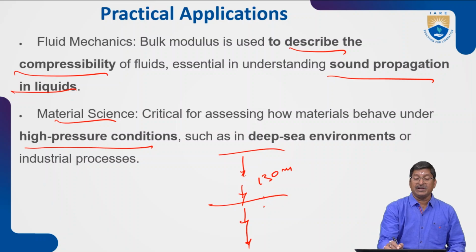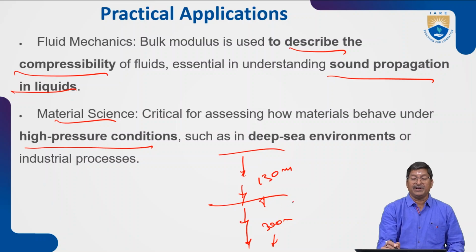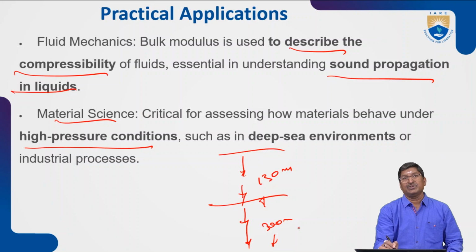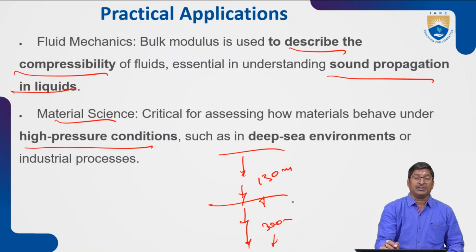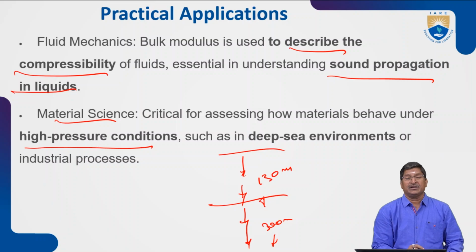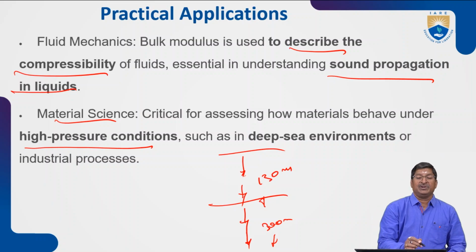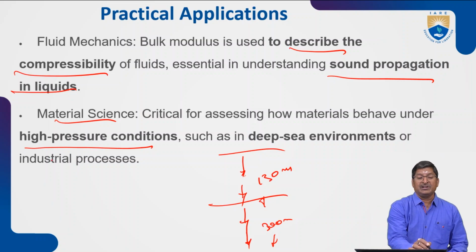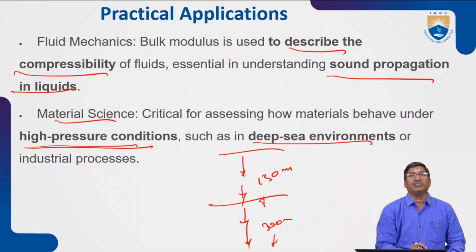Beyond this, even at 300 meters, high pressure will be applied onto the human being. That's why normal persons cannot go that deep. But submarines travel well below that depth. So if you know the bulk modulus, the practical application is how a material will behave under higher pressure conditions in deep sea environments or industrial purposes.